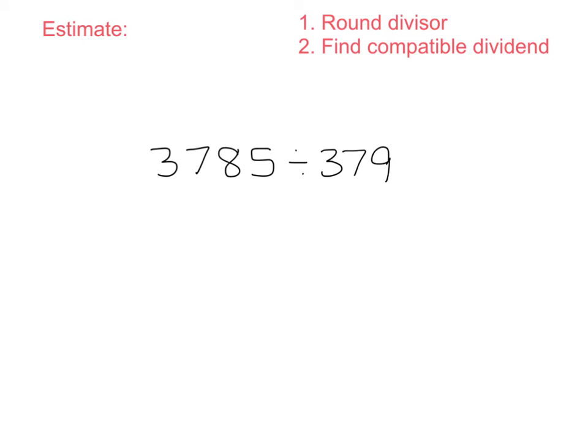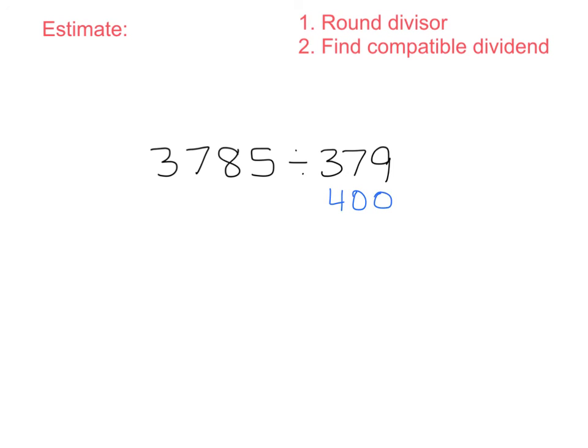Follow the steps. Round the divisor first, and after you have this rounded, find a compatible number that will divide by your rounded divisor. So to start with, we'll change 379. It's between 300 and 400. It's closer to 400.